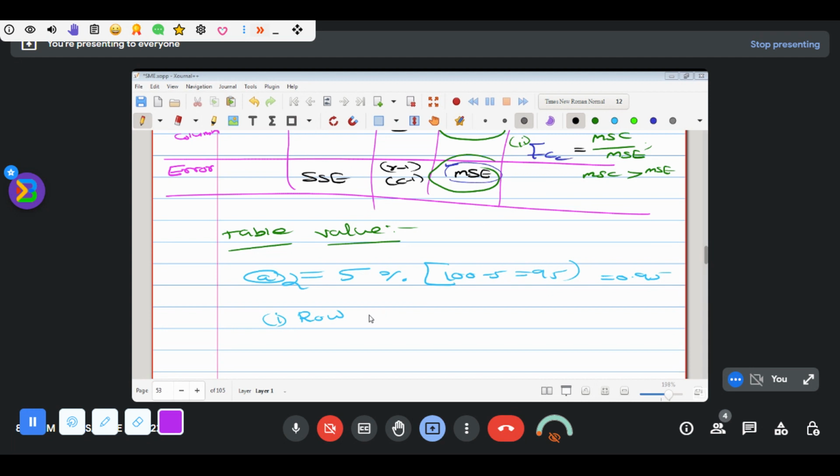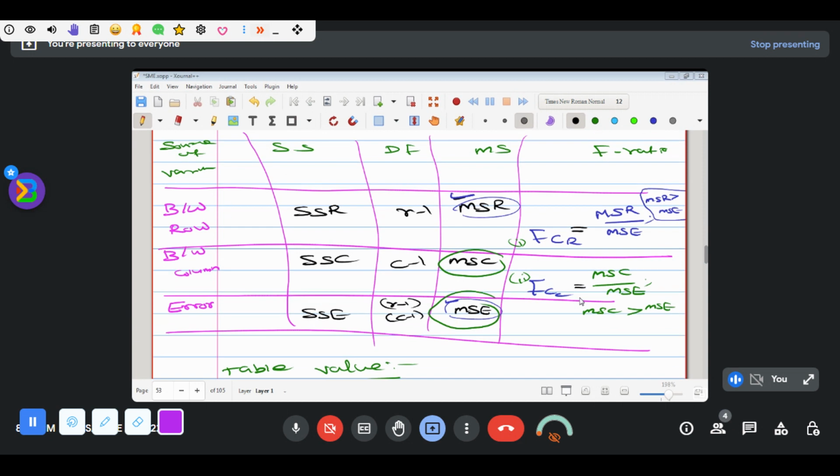Therefore I am using the F table value here. The degrees of freedom equal to comma 1, comma 2. That is, the degrees of freedom of R, the row table, comma 1 divided by comma 2.